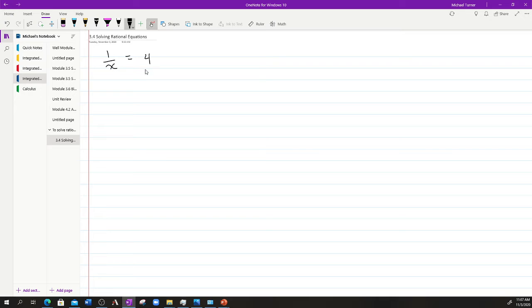When you are looking at fractions and whole numbers, typically what you're going to want to do is put a 1 under any whole number. Then this is a cross multiplication problem where I can do 1 times 1 and x times 4 to get 4x equals 1. And if I divide by 4 on both sides, I get x equals 1/4 or 0.25.